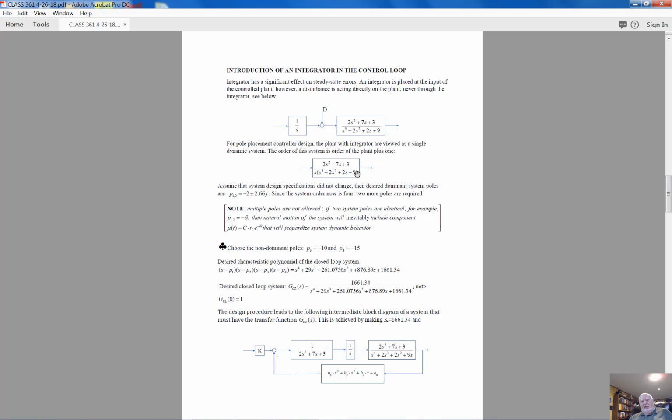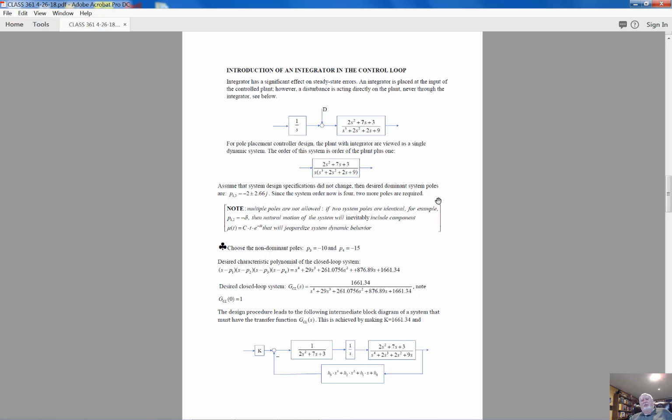And now it is time to introduce dominant poles. Since the design specifications, overshoot and settling time, did not change, I can use exactly the same dominant poles. But now the order of the system is 4, and we have to come up with 2 more non-dominant poles.